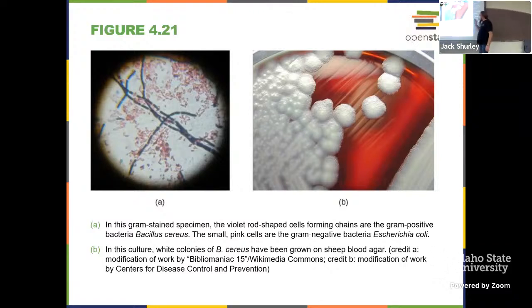So we're looking at a gram stain of Bacillus cereus, a gram-positive rod, and Escherichia coli, which is gram-negative. And I like this, where it's got both of them on there. I will tell you, in the lab, hopefully we're going to give you cultures that are just one thing.